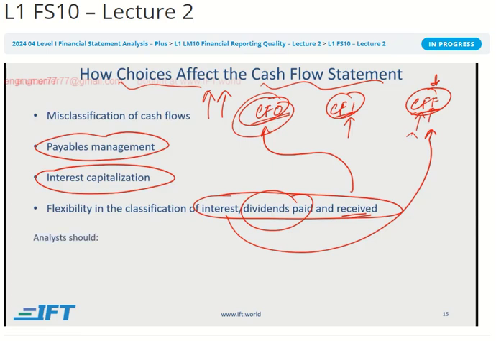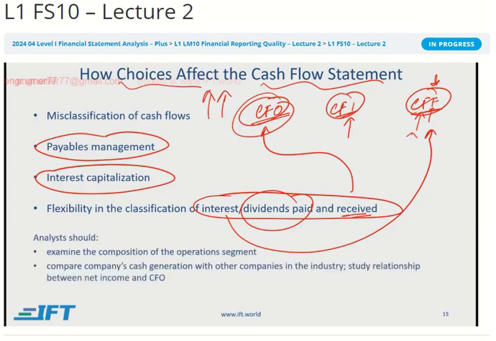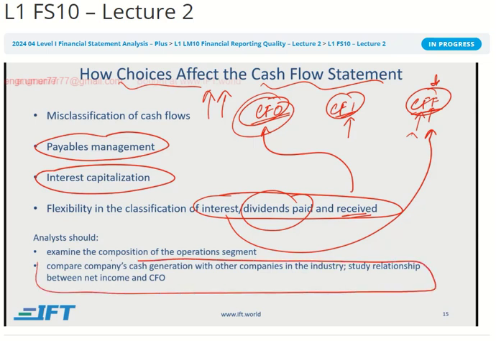Now, how can you be aware of all of this and detect all of this? The main thing, which I think cannot be overstated, is compare it to the industry, right? And most importantly, this ratio should ideally be 1:1. That is probably the best thing you can do, that you can look at the company's earnings and look at its cash flow, and ideally there should be a very, very strong correlation between the two.